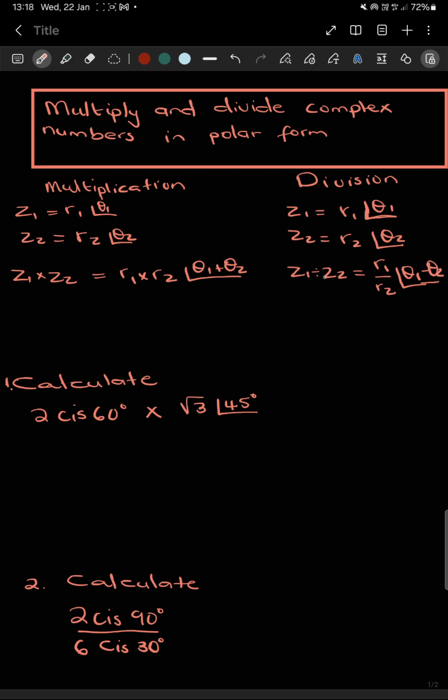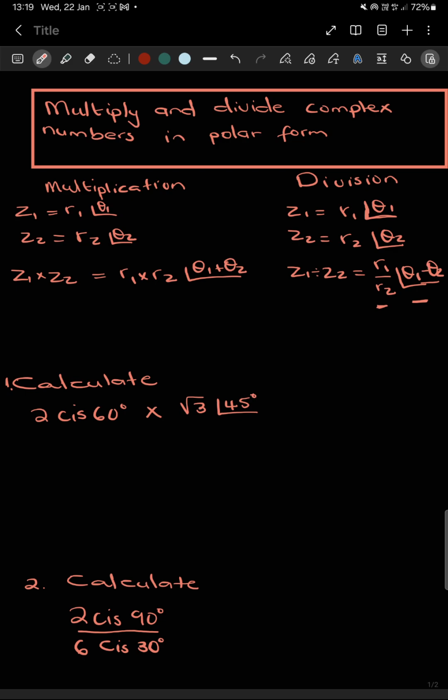So in this case, we are dividing the moduli and subtracting the arguments.